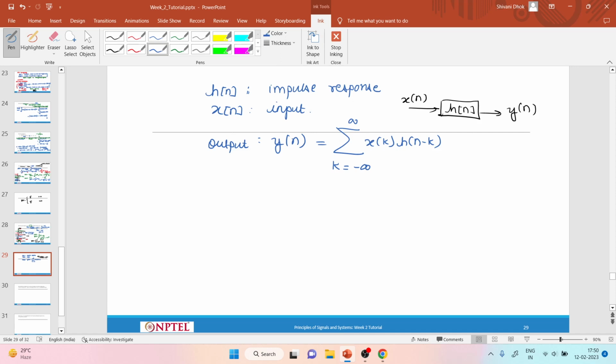And this can also be written as x of n convolved with h of n. So this is discrete time convolution.